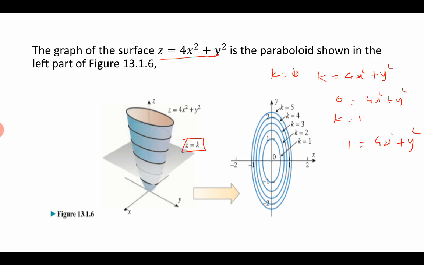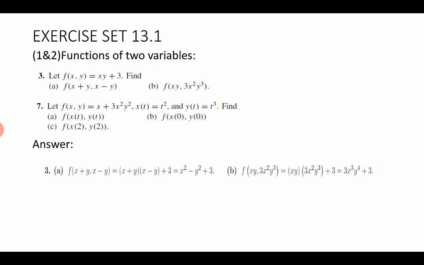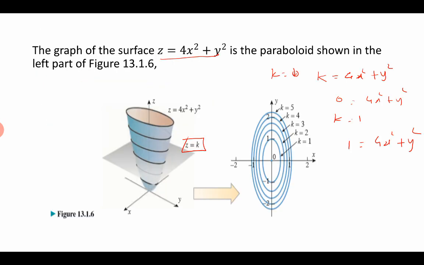You can write this as the equation of an ellipse: 1 equals x squared over 1/4 plus y squared over 1. So a squared is 1/4, and a is plus or minus the square root of 1/4, which is 1/2. The x distance is 1/2, but the y distance is 1.